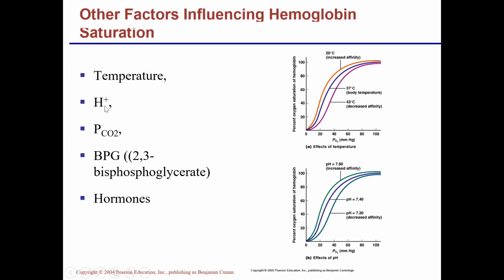Now hydrogen. If you look, we did say higher hydrogen concentration means what? Lower pH, right? So if you increase CO2 concentration, are you going to generate more hydrogen ions by the chemical reactions I just showed you?